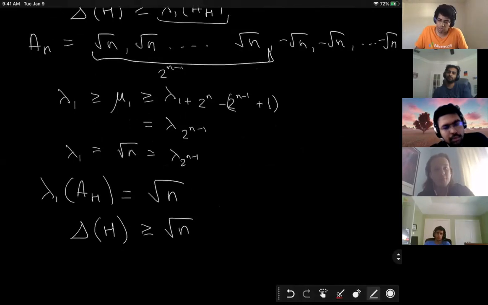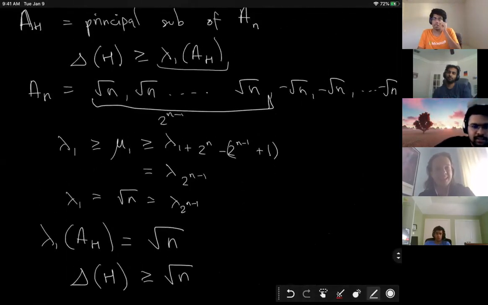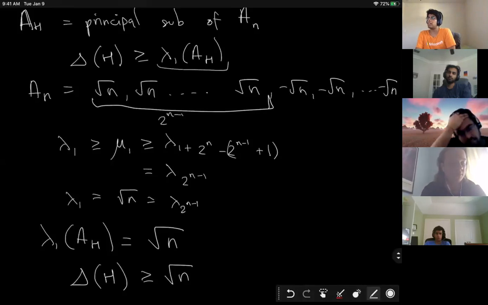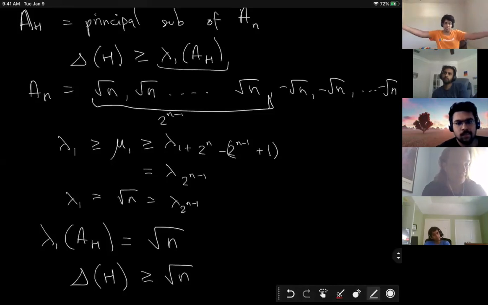Fancy, right? It's so simple. There's nothing complicated. All they had to do here was find some matrix, and this connection to the hypercube is kind of cool. But they just had to realize that these eigenvalues are bound within the first half of the eigenvalues, and they're all the same, and they're all positive, and they're all root n, which means that the first eigenvalue is also within that bound, which is root n.